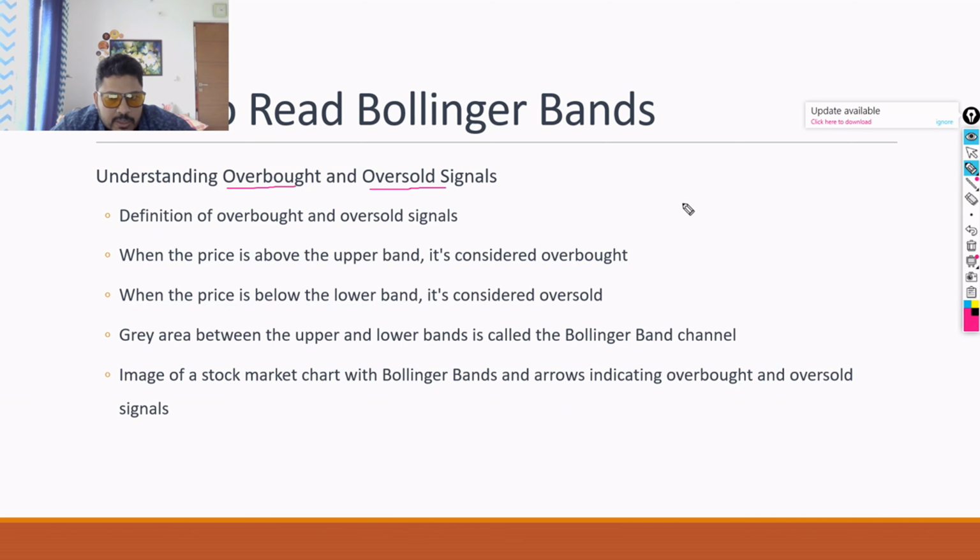It is basically to understand the cycles of the market, which always moves in cycles. To understand which is your oversold point and which is your overbought point is what the Bollinger Band will tell you, and it will tell you exactly which position you should buy at so that you can make profit and exit at the right time.